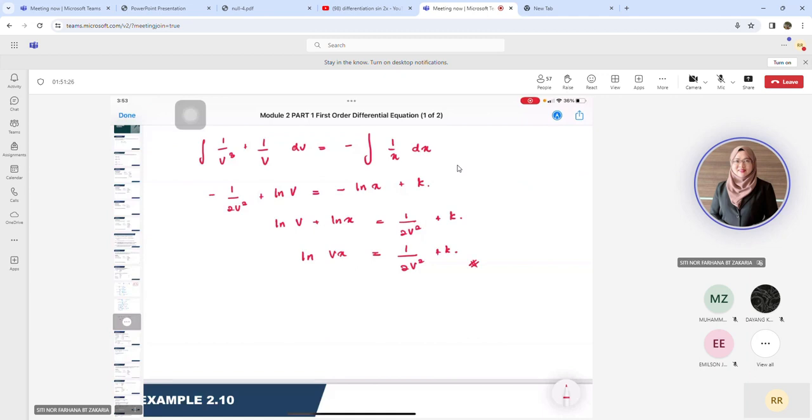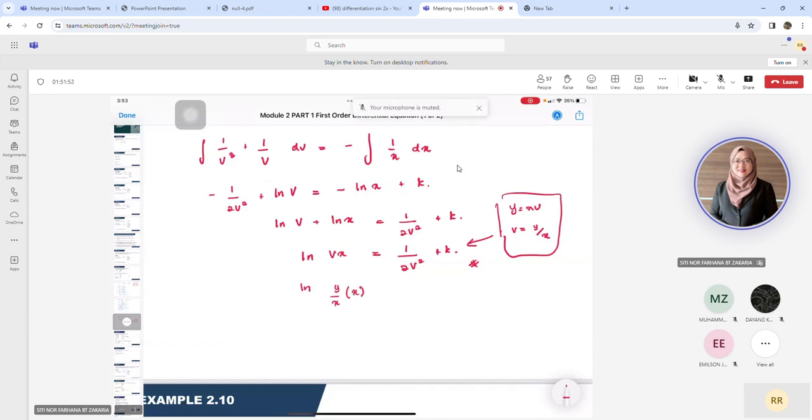So earlier we replaced y equals to xv, right? So v here we must replace back as y over x.